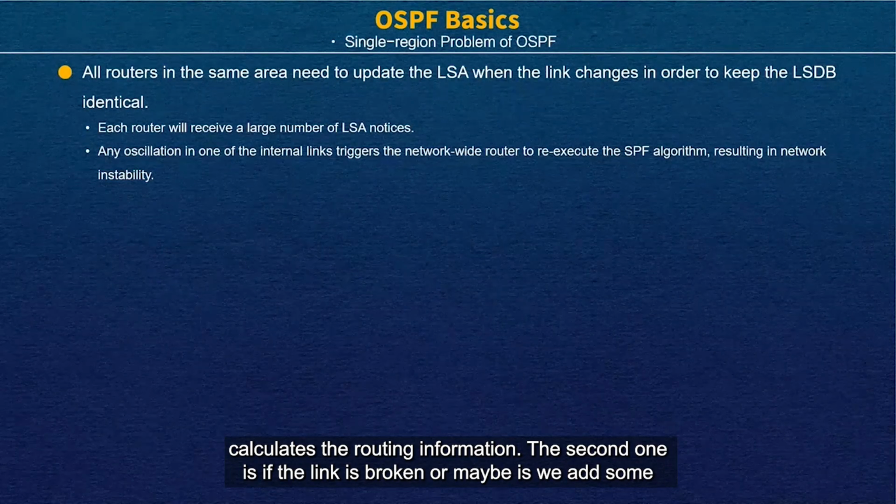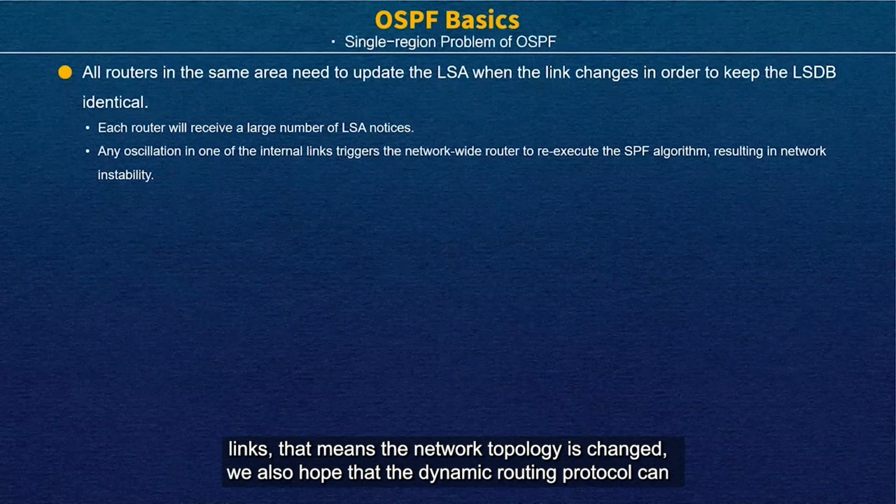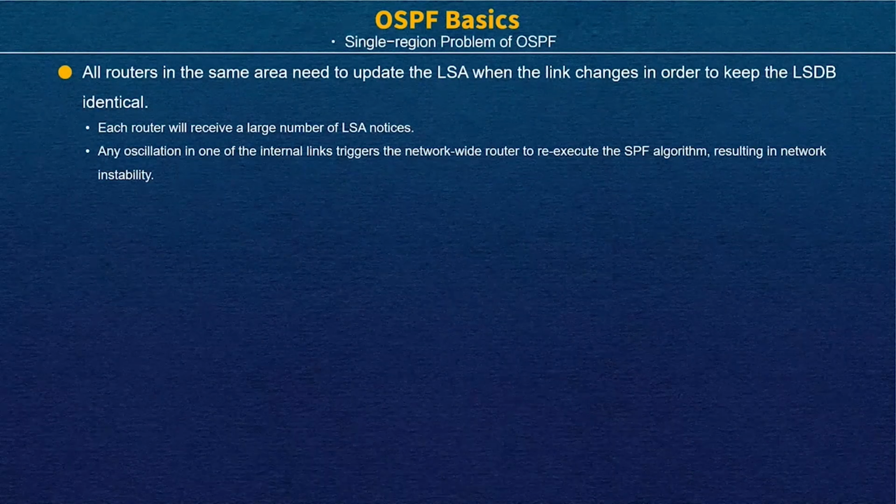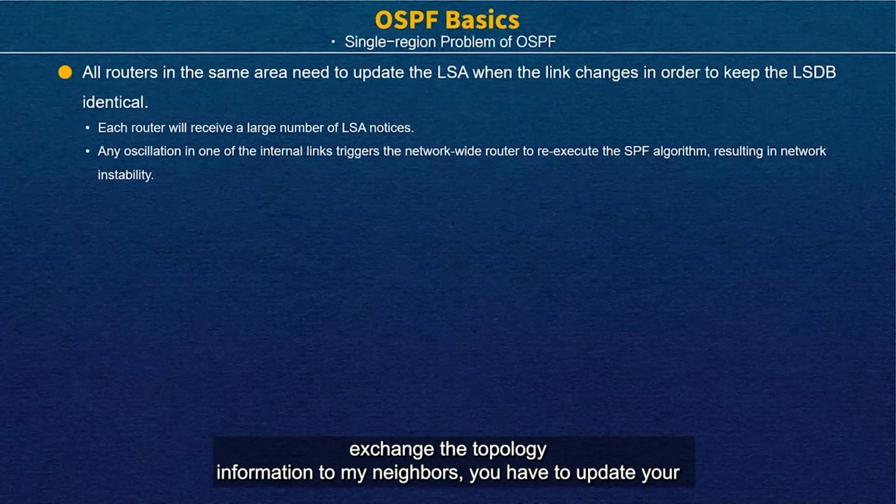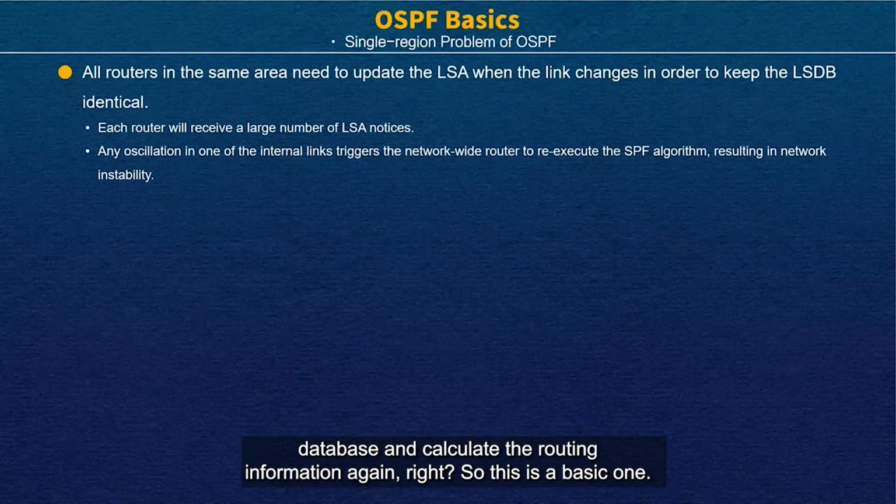The second one is if the link is broken or maybe we add some link, that means the network topology has changed. We also hope that the dynamic routing protocol can exchange this topology information to my neighbor. You have to update your database and calculate the routing information again, right? So this is a basic one.